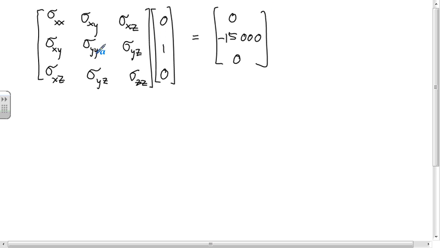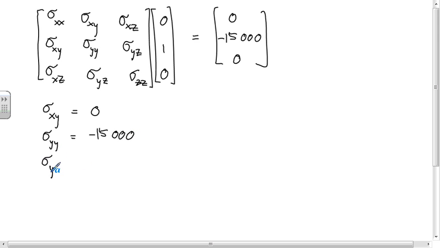And now do this multiplication, and what it says is sigma xy is equal to 0. Sigma yy is equal to negative 15,000.